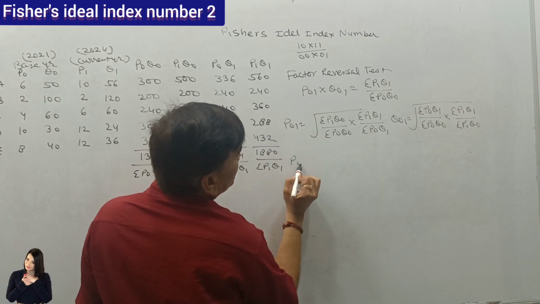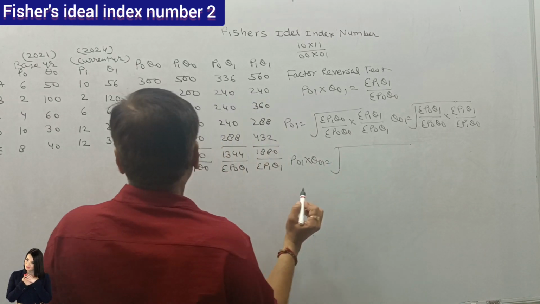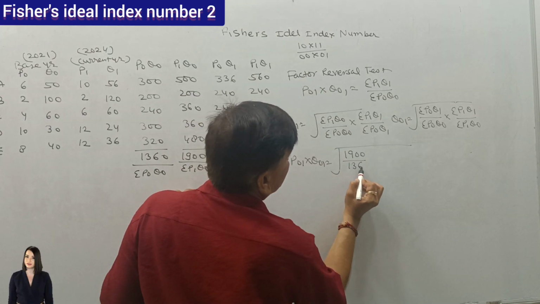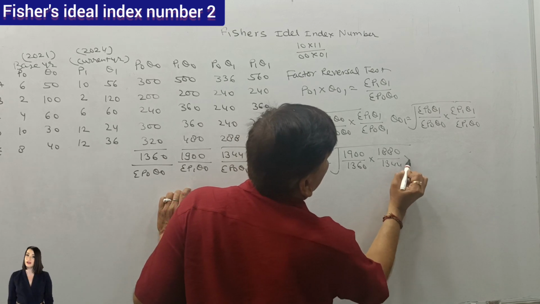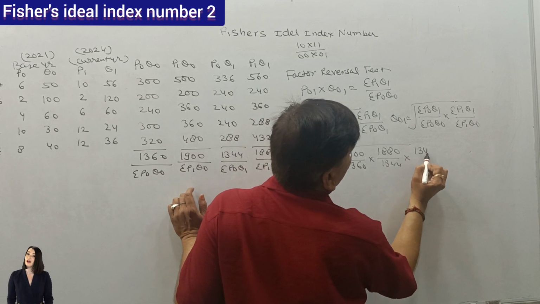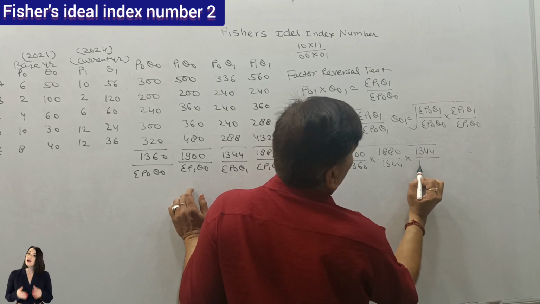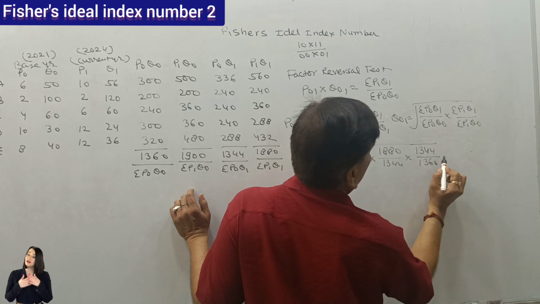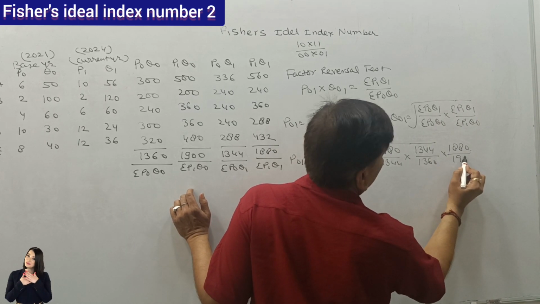So putting the values, P01 times Q01 is 1900 divided by 1360, multiplied by 1880 over 1344, multiplied by 1344 upon 1360, multiplied by 1880 divided by 1900.